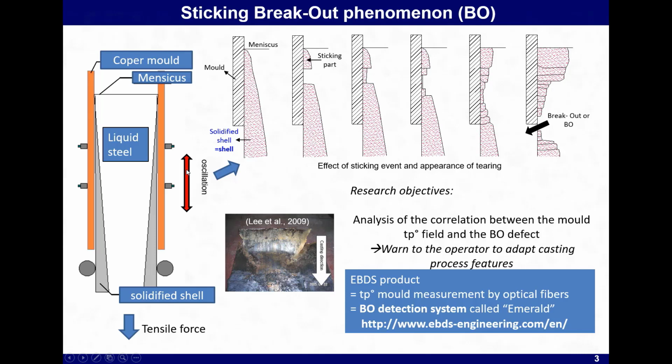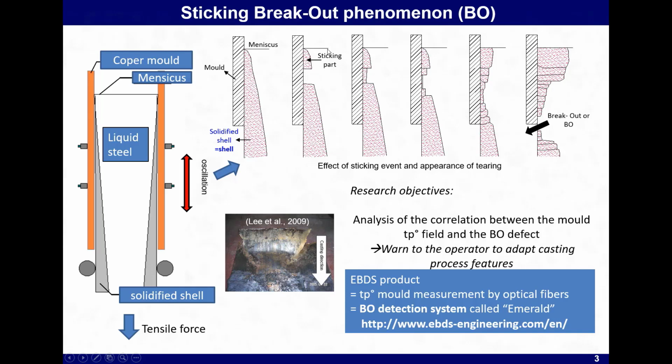In the usual case, the mold is subjected to oscillation, and due to this oscillation, the relative velocity between the slab which is going down and the mold can have a maximum and a minimum. At one of the maximum differences between the velocity of the mold and the casting speed, you can form a crack here if you have a sticking part.